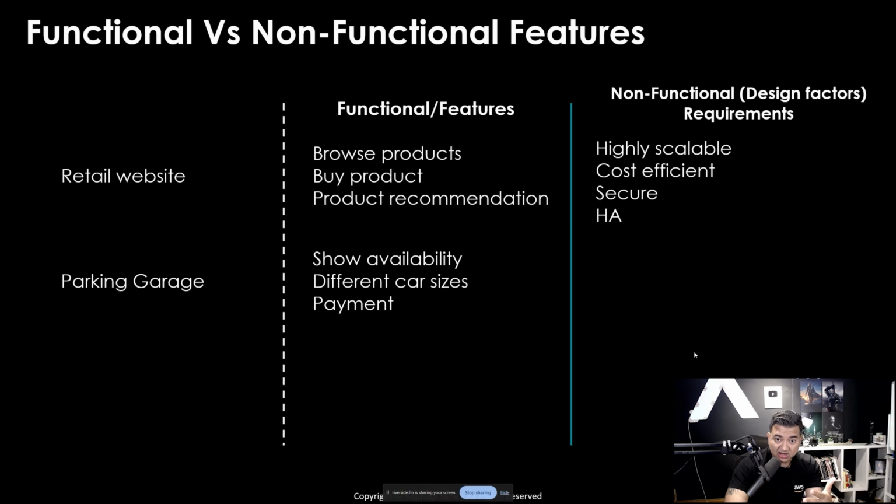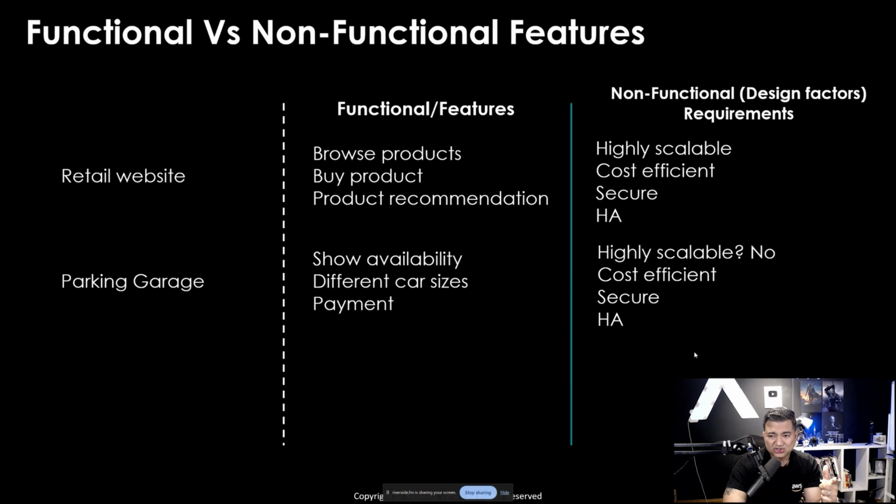And then parking garage, functional requirements could be show availability, different car sizes, should be able to process payment. Now you'll think, Raj, shouldn't the design factors be the same for every use case? Not really, because parking garage is a good example.